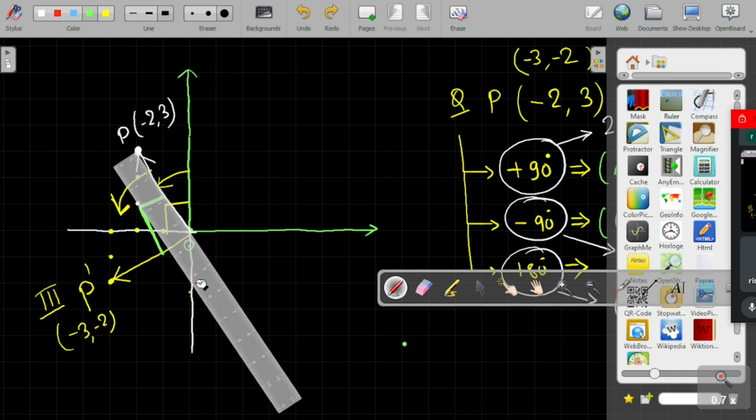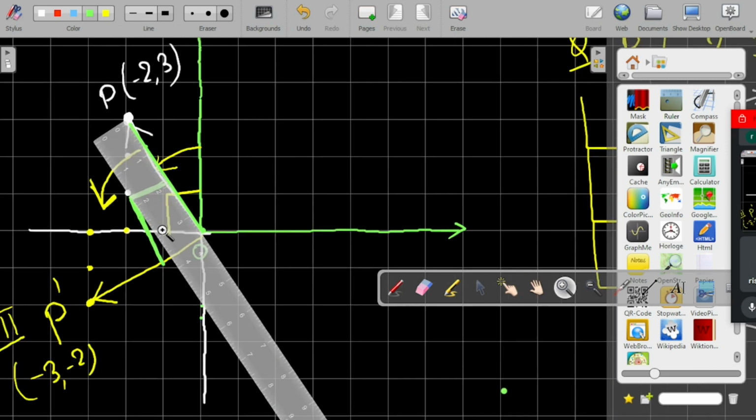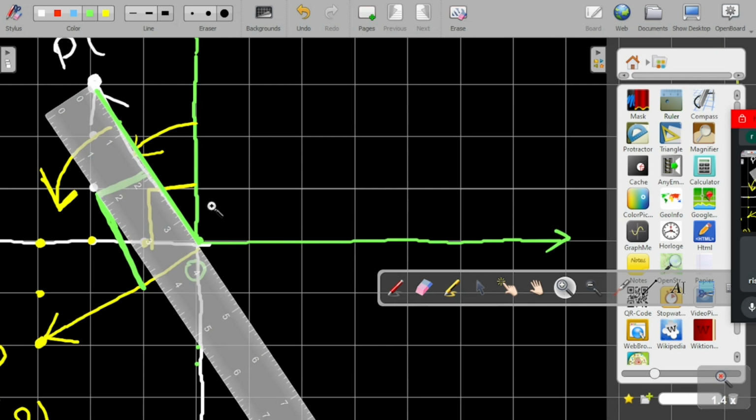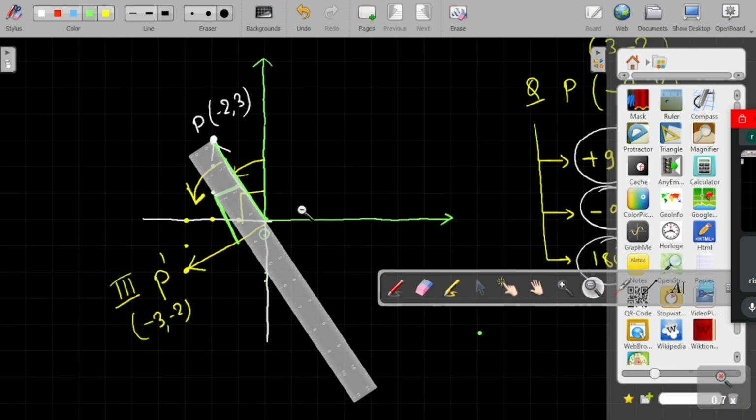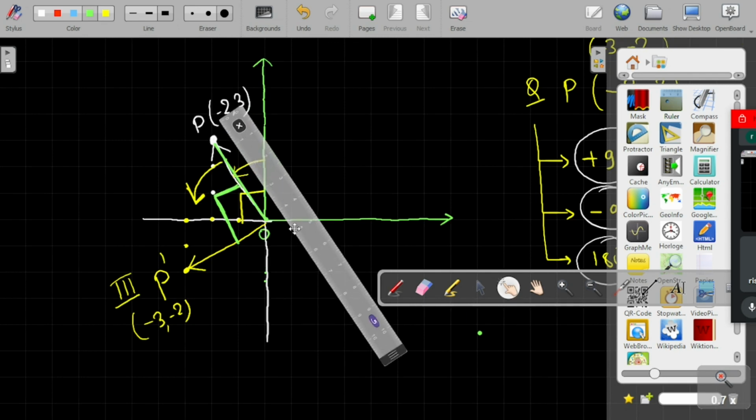Exactly straight line will be drawn, right? And if you measure its length, I think it's clear. It is going to be approximately how much? 3.5, 3.6, right? Approximately 3.6. So when you rotate this and measure this, you will get the same thing again.